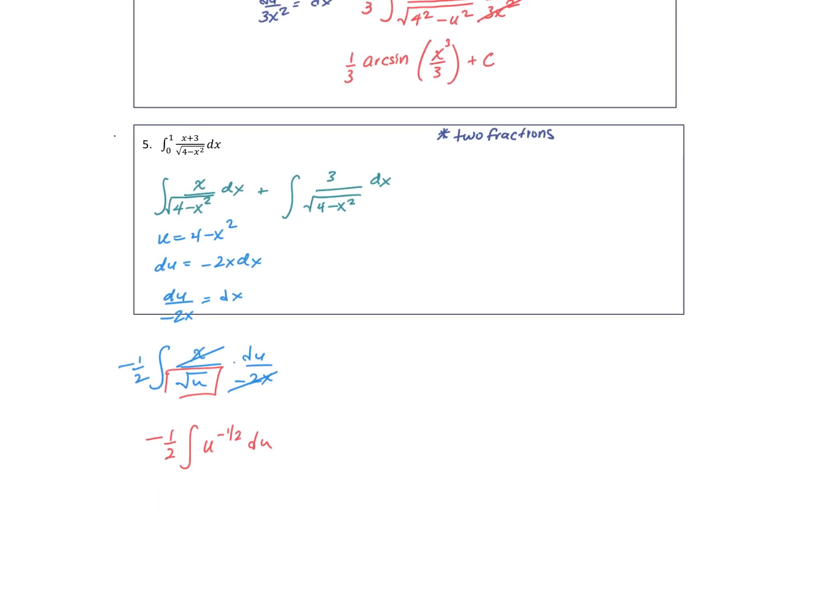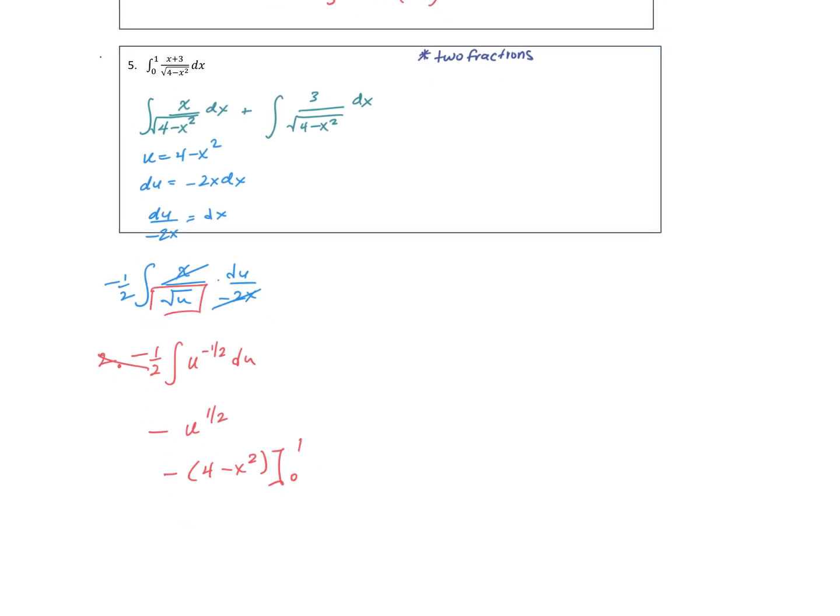So we raise it up by 1, which is going to give me 1/2, and then divide by 1/2, which is timesing by 2. So this is going to cancel here. So we're going to get negative u to the 1/2, and then u is 4 minus x squared. I'm going to bring back in my bounds from 0 to 1.